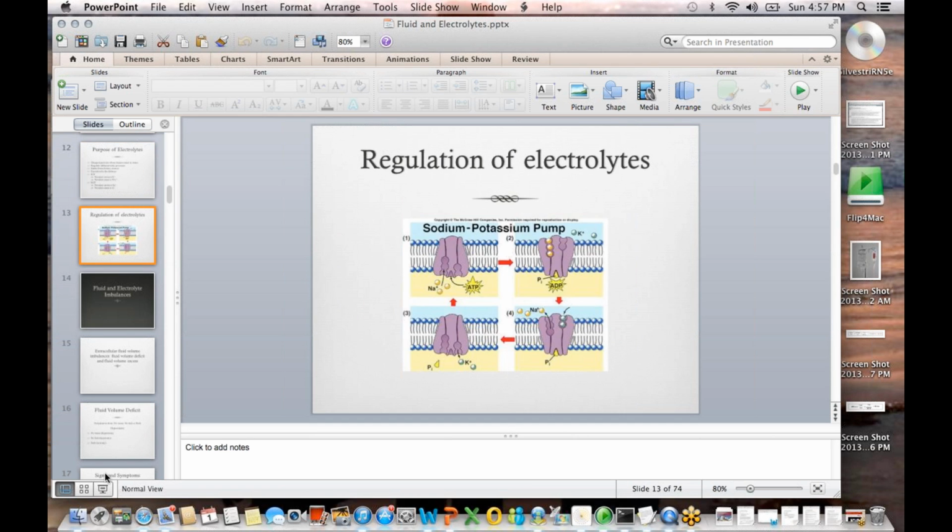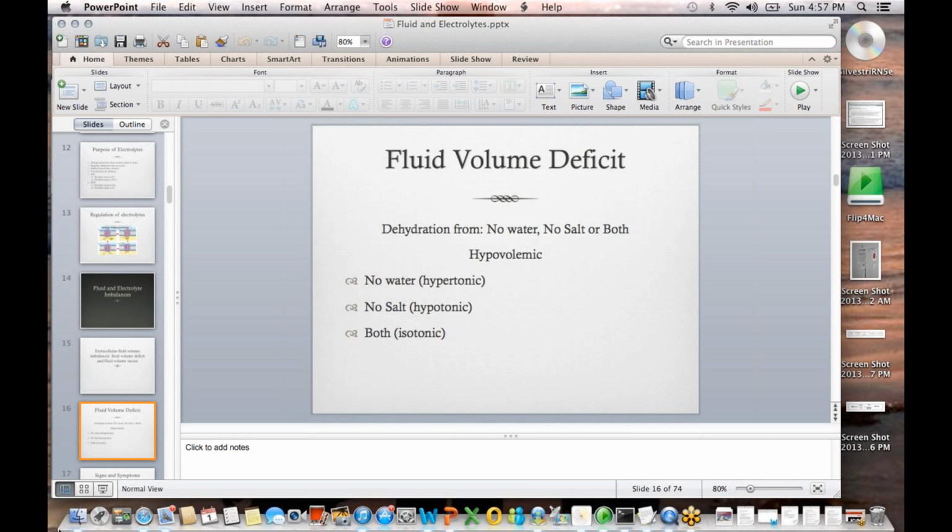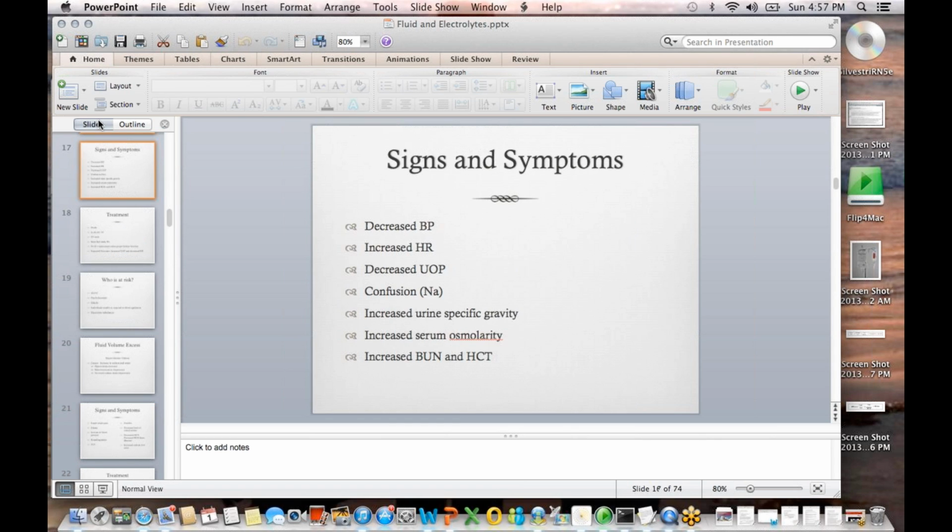Let's go over our imbalances, because that's what you mostly need to know for the hospital, what you're going to see. As far as fluid volume deficit, this is mostly just dehydration, and there are different causes. You can have fluid volume deficit because you don't have enough water, because you don't have enough salt, or because of both.